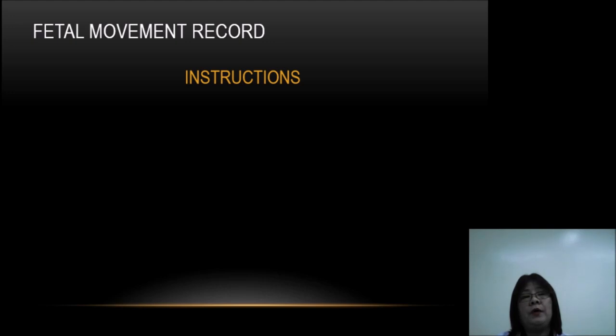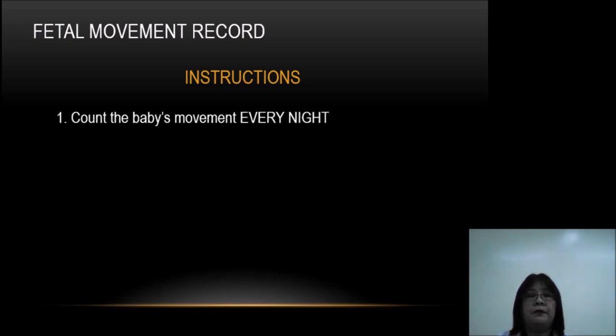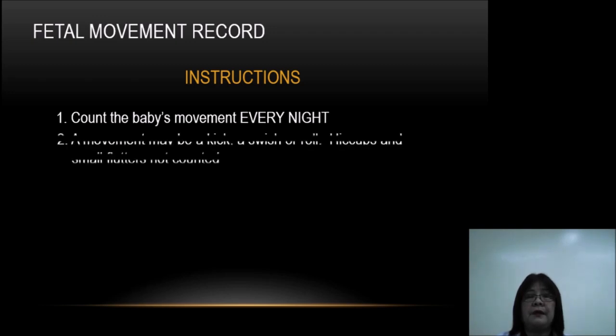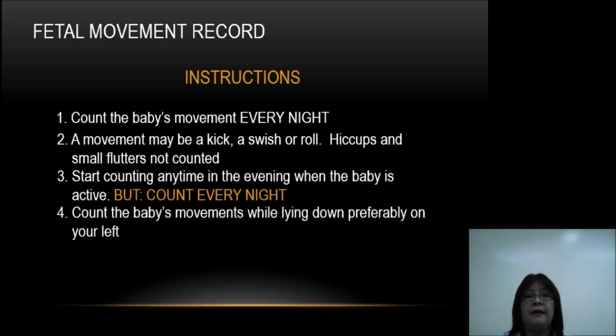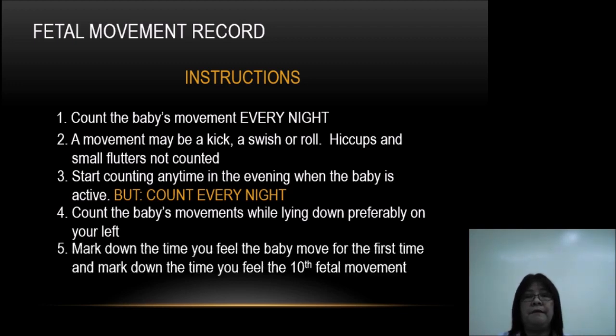So how are we going to instruct our patient on how to count the fetal movement at home? First, it should be done every night. Movement may be a kick, a twist, or a roll. Start counting anytime when the baby is active. Count the baby movements, preferably when you are lying on your left.